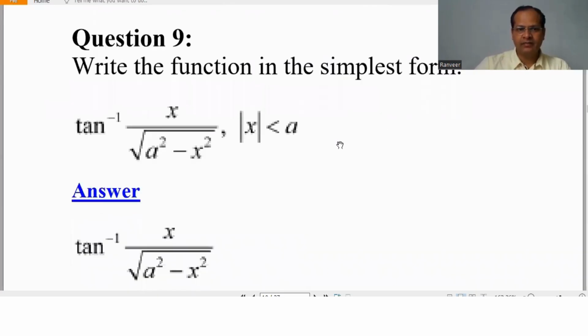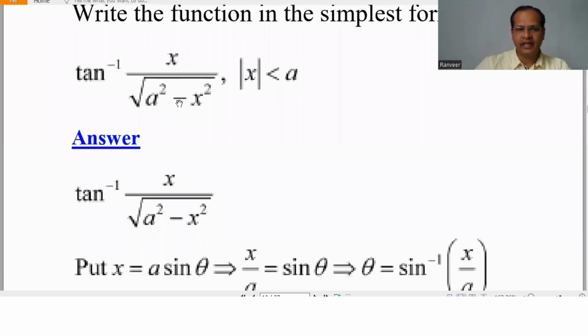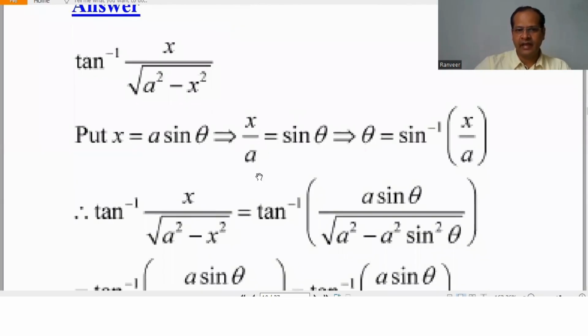Write the function in the simplest form: tan inverse x by root under a square minus x square. So here the constant term is a square, so we will substitute x equal to a sin theta. Then x by a equals sin theta, theta equals sin inverse x by a.